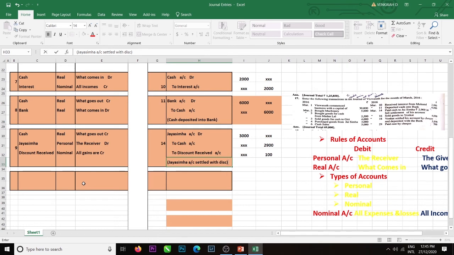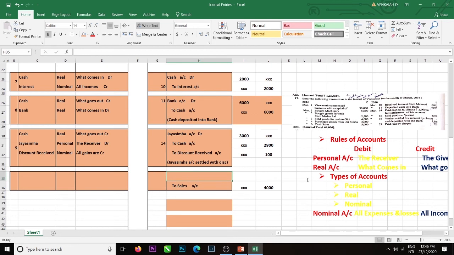Sold goods to Venkat. Goods are going out, so what goes out should be credited. What to be credited? Sales account is credited. Amount is 4,000. To whom did we sell goods? Venkat.